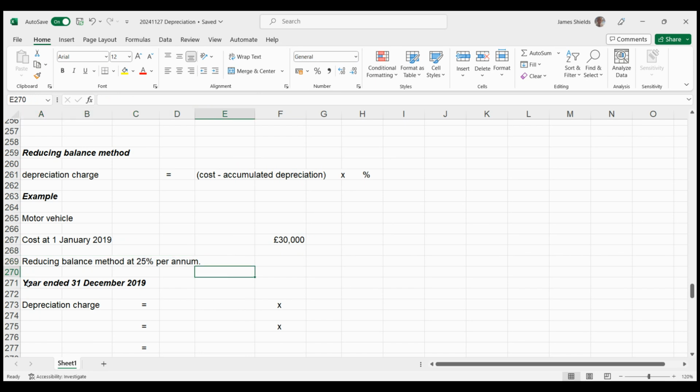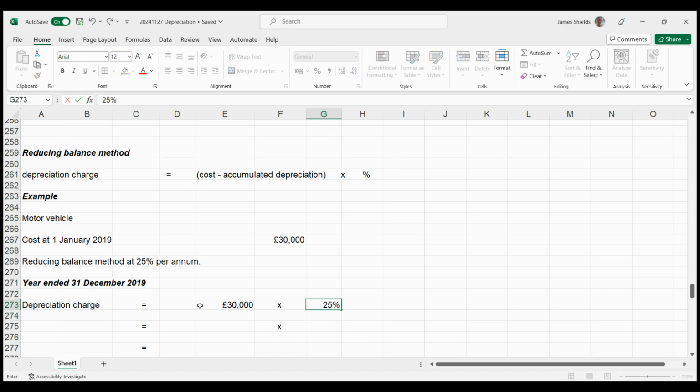So the first year, the year ended 31st December 2019. The depreciation charge is going to be the cost, which is £30,000, take away accumulated depreciation. In the first year, there's no accumulated depreciation at the beginning of the year. So it's 30,000 times the percentage, and the percentage was 25%.